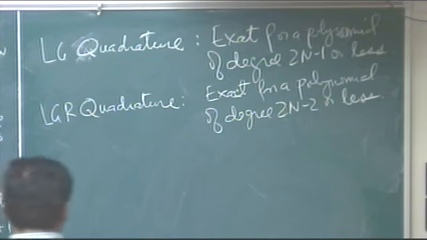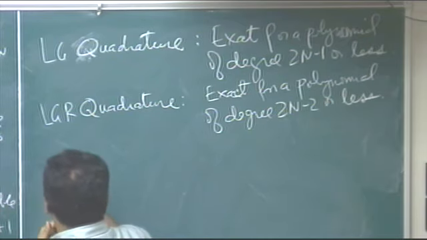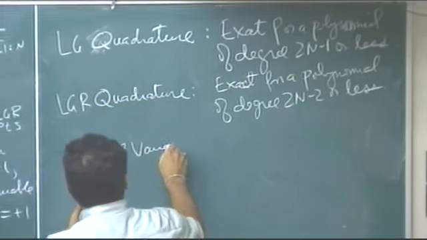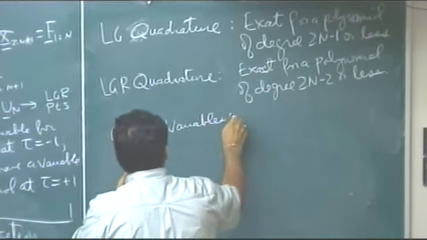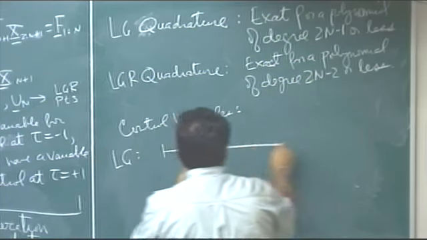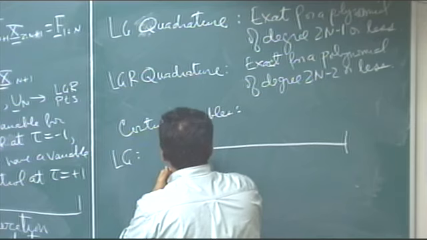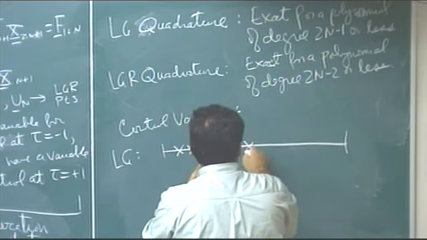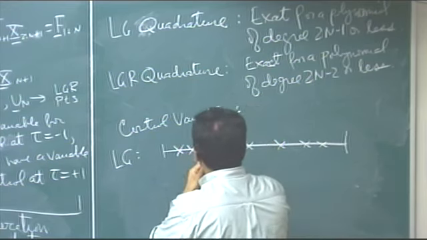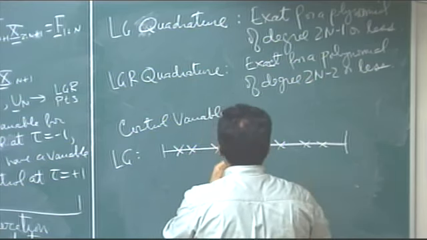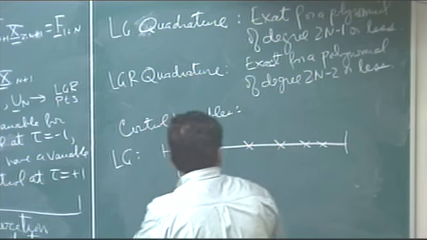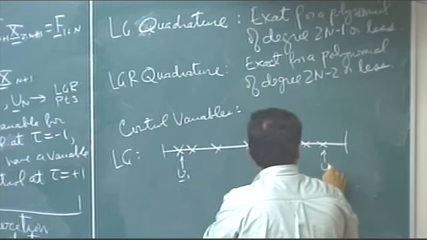So if we schematically look at this, let's look at the control approximation. Let's look at the control variables. In the case of LG, what we have is the control at the LG points, right? 1, 2, 3, 1, 2, okay. I'm just drawing this schematically, right? So this is where U1 is, and this is where UN is.